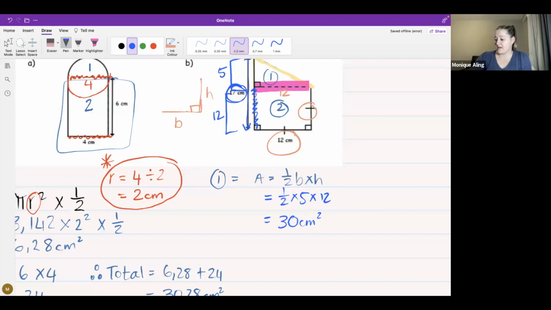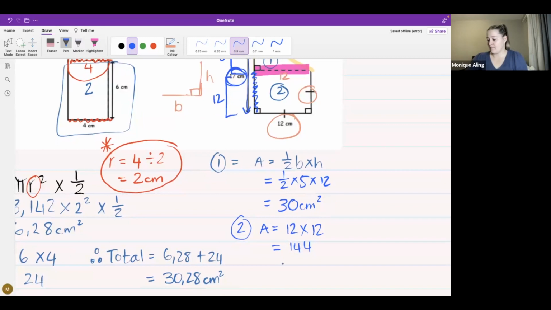Shape 2 is a square, so it's nice and easy. So it's length times length, or side squared. The side is 12, so you can say 12 squared, or 12 times 12, which gives you 144. So the total is 30 plus 144 equals 174 centimeters squared.